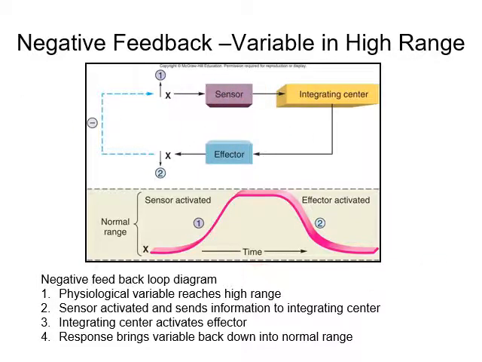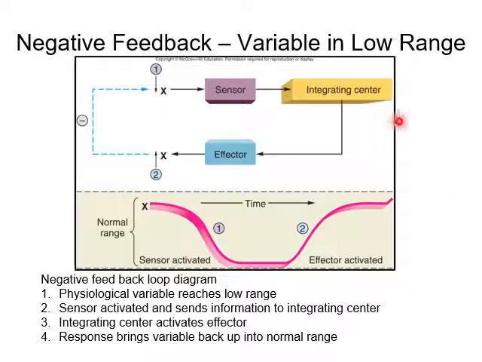In the opposite direction, if we're looking at the low range, variable X is going into the low range of the homeostatic range. The sensor picks this up and sends that information to the integrating center.